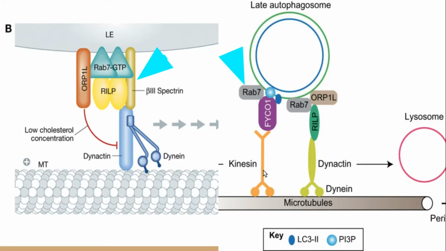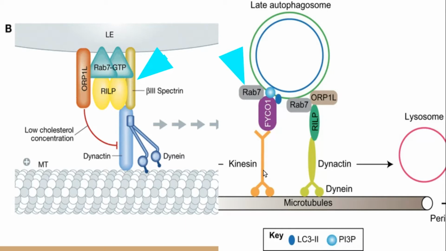Although not shown in this graphic, the Huntingtin protein that causes Huntington's disease is also an important mediator of retrograde lysosomal transport. We're going to discuss this pretty soon, but Huntingtin is important for actually many forms of retrograde transport.